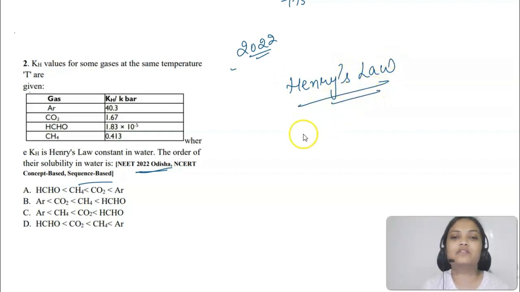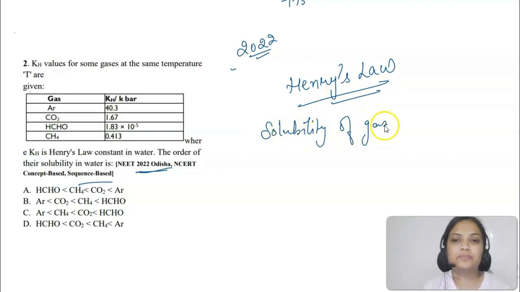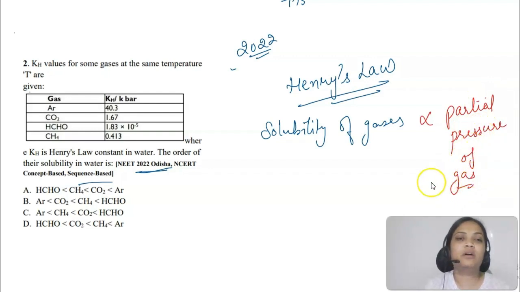Henry's law tells us about the solubility of gases in liquid. It says that the solubility of gases in liquids is directly proportional to the partial pressure of the gas, which is in equilibrium with the liquid. If I talk about the expression of this law, solubility of gases we denote with the mole fraction.